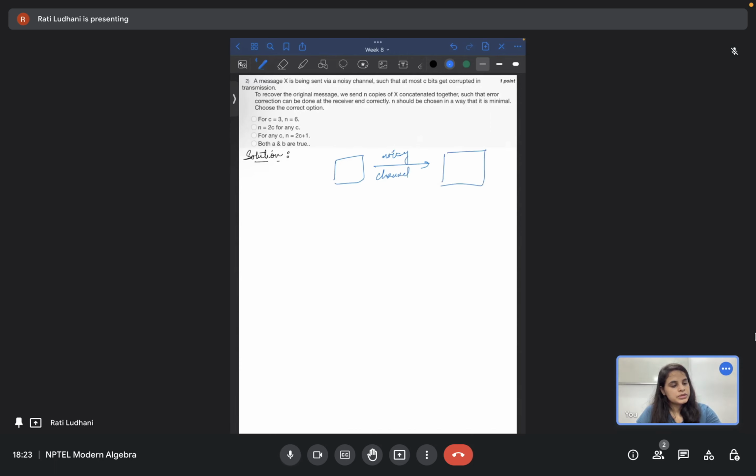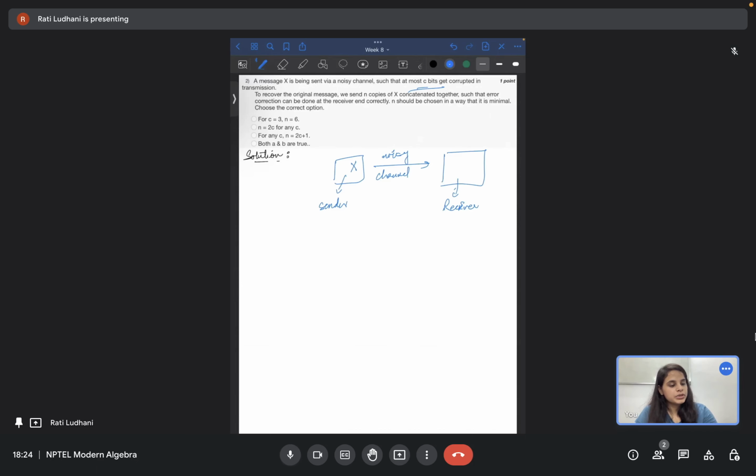So here's a sender and maybe a receiver. Okay, so it has been sent. Now the message is X, and at most C bits get corrupted in the transmission.